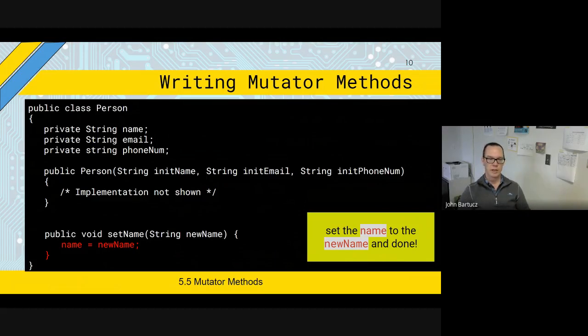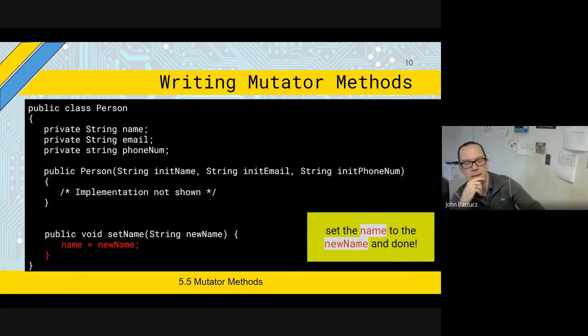But it's so common that a lot of IDEs will actually just create them all for you. Then you can go in and edit them or delete them if you need to, which is nice if you have like 15 properties. You don't have to write set name equals new name, get name, return name, and so on. But for now, we have to do it manually. So this is how we set it.